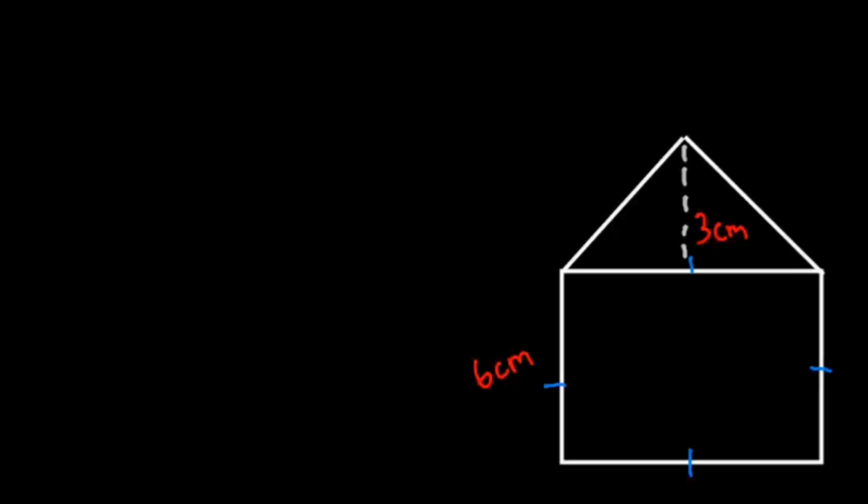Okay, feel free to pause the video and try to solve this yourself. We're going to be trying to find the total area of this house-like shape. It consists of a square and a triangle, so the total area formula will be the area of a triangle and the area of the square.